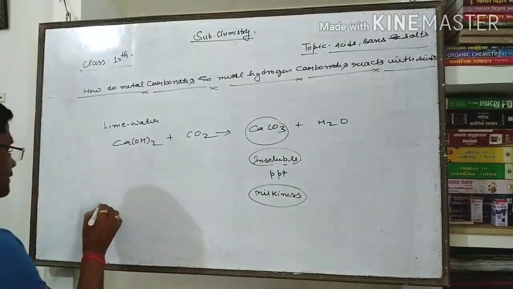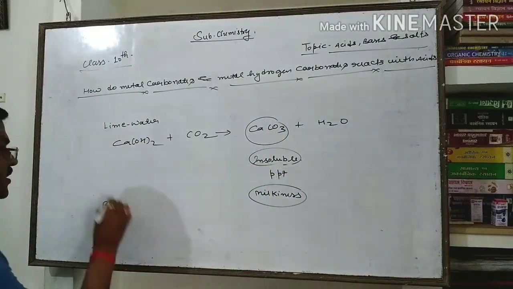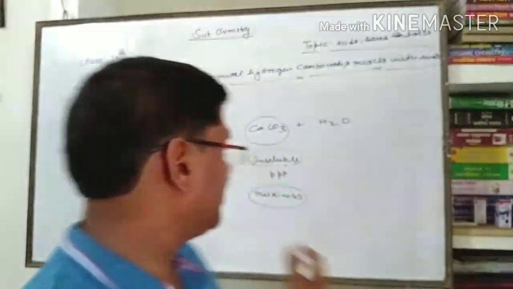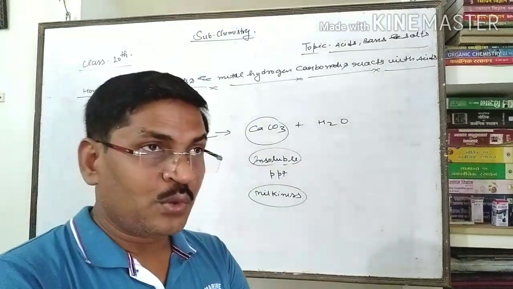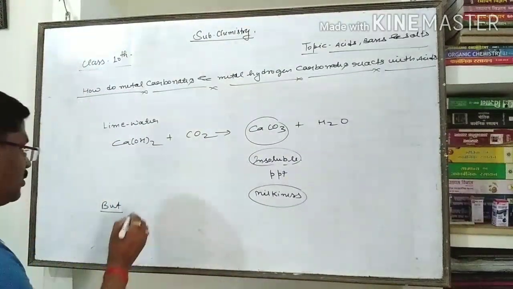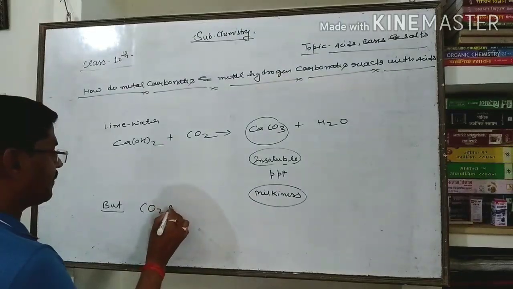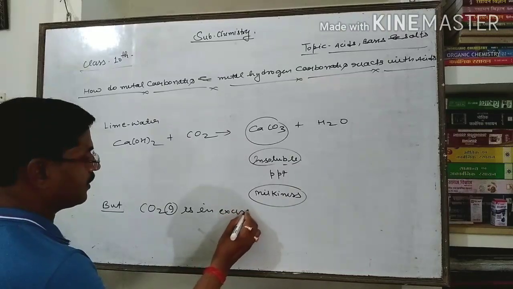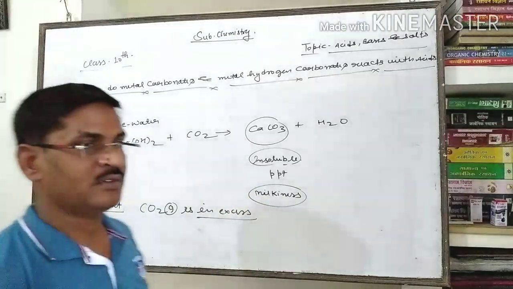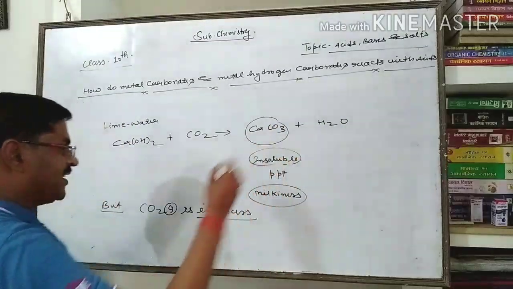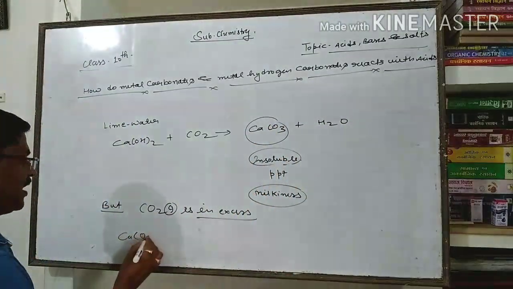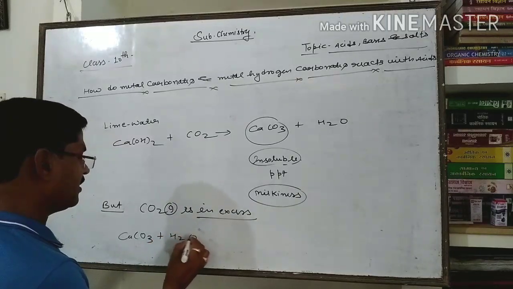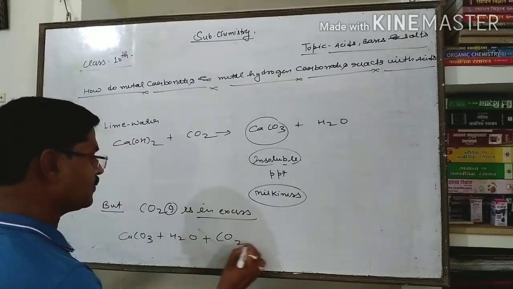But you have to remember, if you pass carbon dioxide gas through lime water and CO2 is in excess, then what happens? In the solution having calcium carbonate, the precipitate which was already formed, having water, you are going to pass CO2.